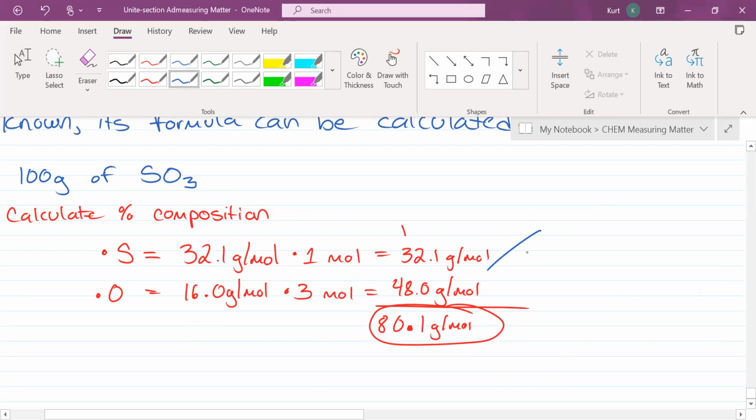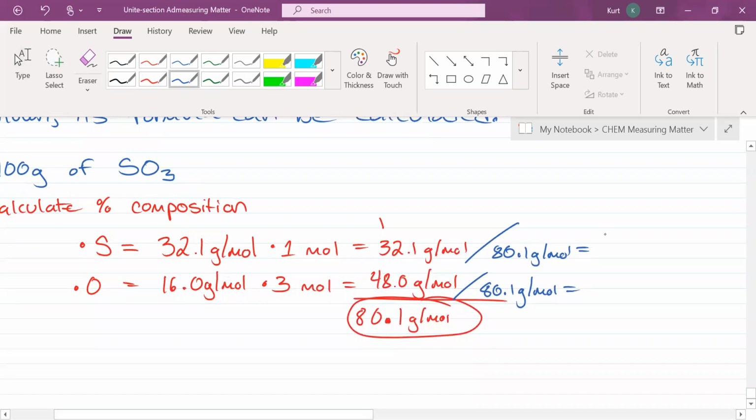So let's do that. All right. You have 59.9 for oxygen and 40.1 for sulfur?